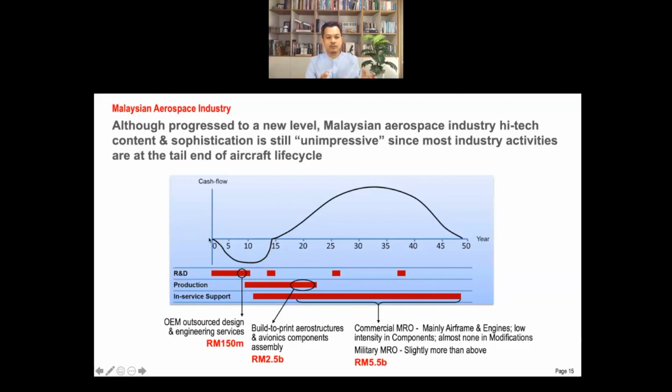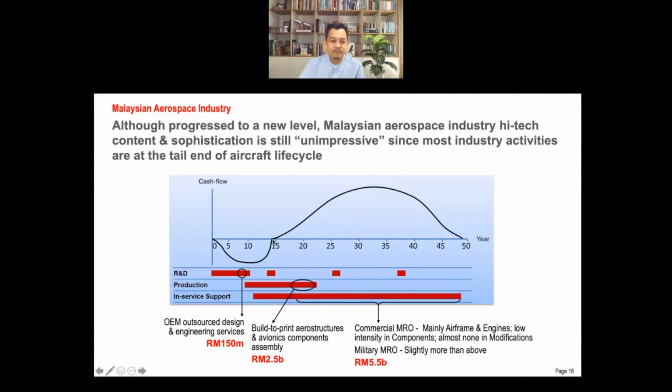For example, let's say Malaysia would like to start to build our own aircraft. So for the next 15 years or maybe 10 years, we are going to spend money. Spend money on what? Spend money on hiring engineers, building factories, designing our own aircraft or spacecraft. So that's where we spend money.